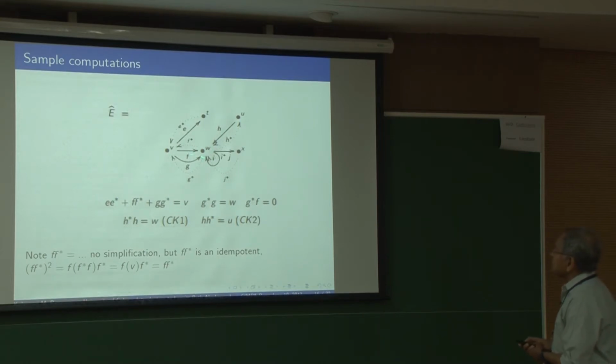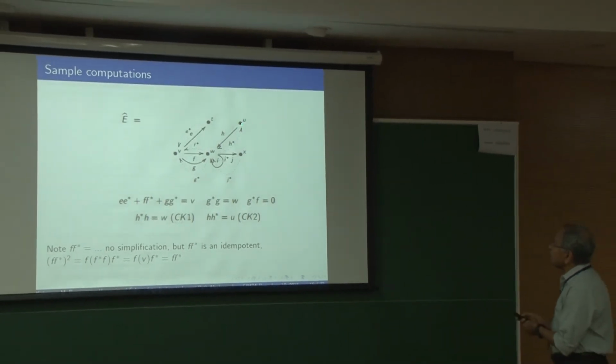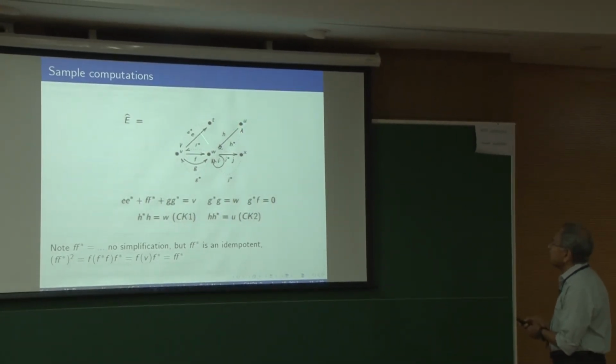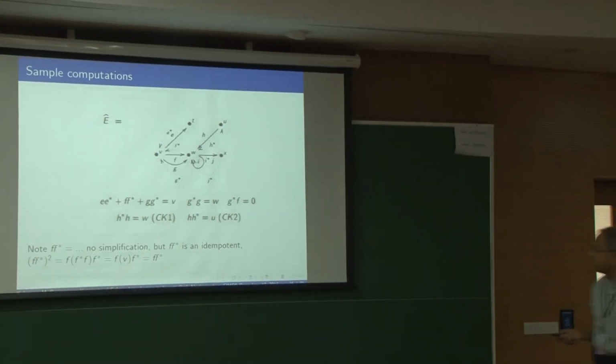And G is one edge, so G star followed by G would be equal to W, because G star G is the range of G, which is W. On the other hand, G star F is 0 because F is not equal to G. And likewise, H star H is equal to W by CK1. And U emits only one edge, therefore H H star would be equal to U by the CK2 relations.